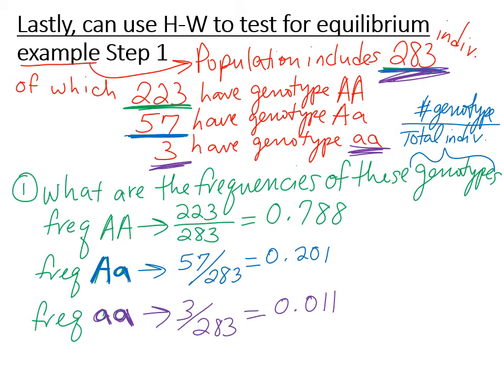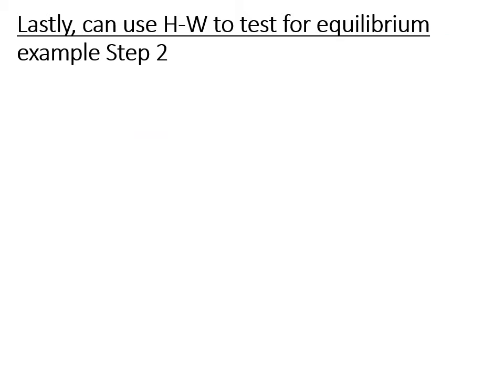Okay, now keep in mind these numbers for the next slide, because now we're going to go to step 2. Okay, so I'm just going to take a second to rewrite on this slide what we just wrote in terms of the frequencies. So we had on the previous slide A frequency was 0.788.